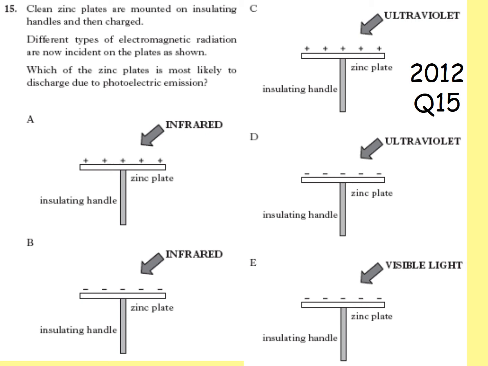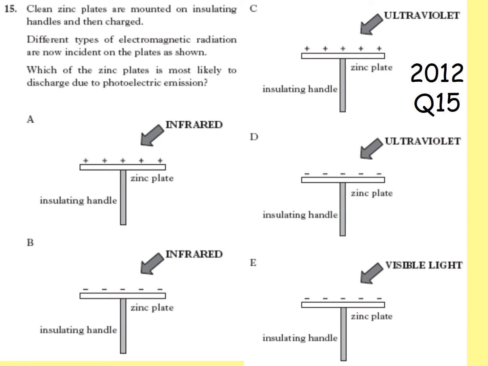Which of the zinc plates is most likely to discharge due to photoelectric emission? Now remember, in order for the electroscope zinc plates to discharge, first of all, they have to be negatively charged at the start, and then also the photons which are incident on the surface have to be of a high enough frequency. So let's go through one at a time.